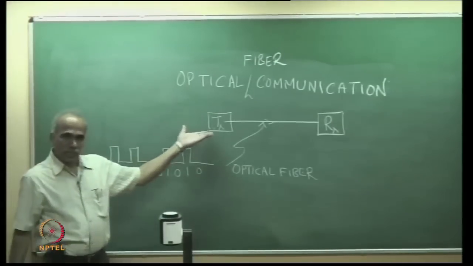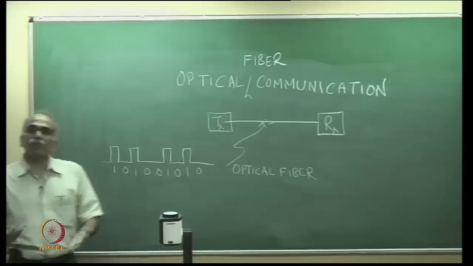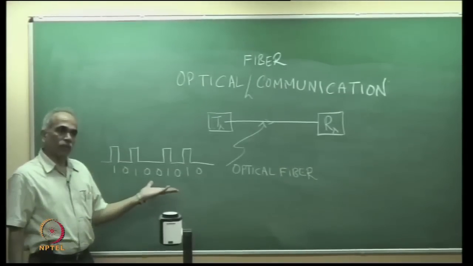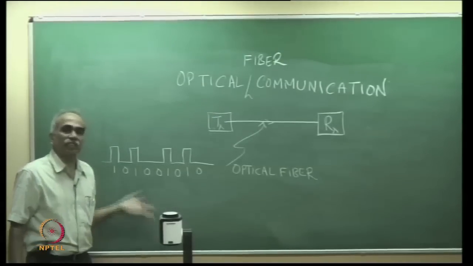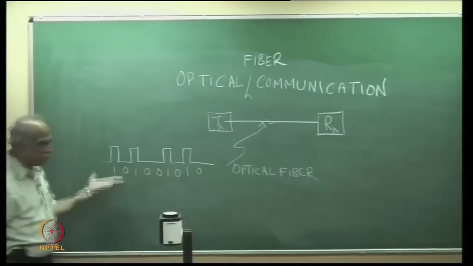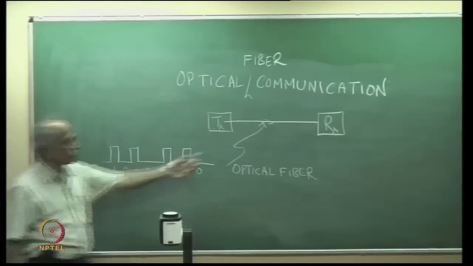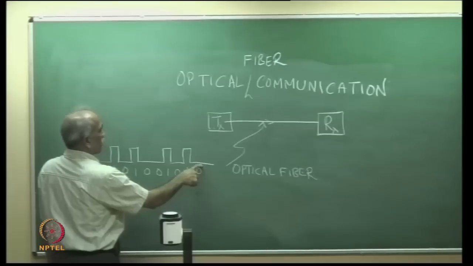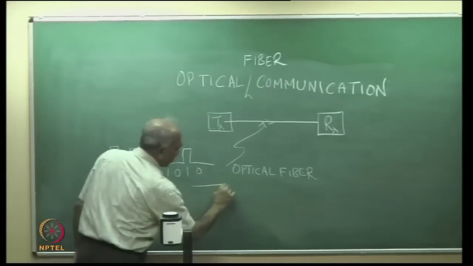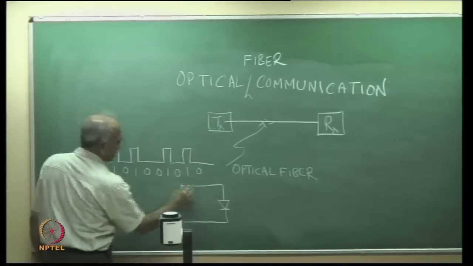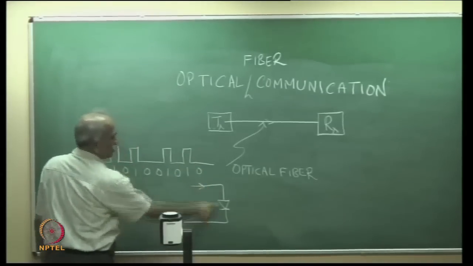If you are transmitting a voice signal, voice is an analog signal which is first digitized, and then the coded signal is transmitted through the optical fiber. The digitized signal usually drives a laser diode.